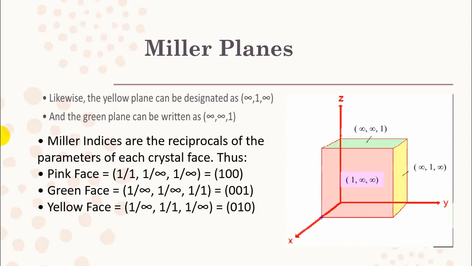Miller indices are the reciprocal of the parameters of each crystal phase. Thus, here in the adjusted picture, we can see the pink phase for the 1, 0, 0 plane, the green phase for 0, 0, 1, and the yellow phase for 0, 1, 0.